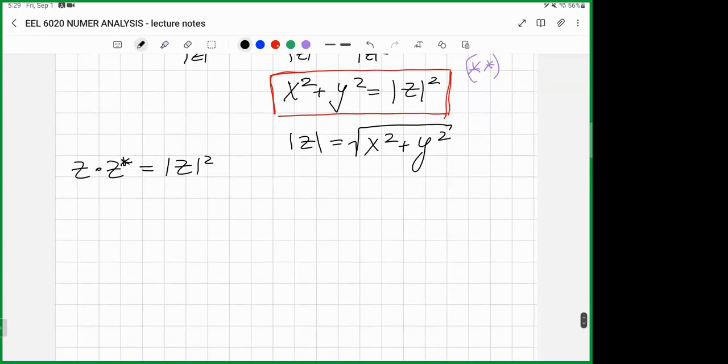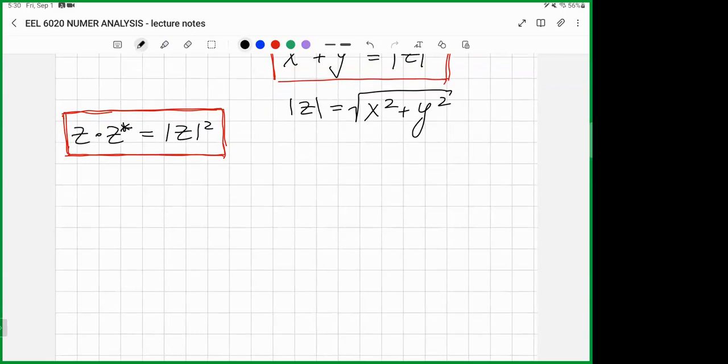Right? So the conclusion is simple: the complex conjugate allows us to find the absolute value of the complex number by taking the product of the number by its complex conjugated counterpart.